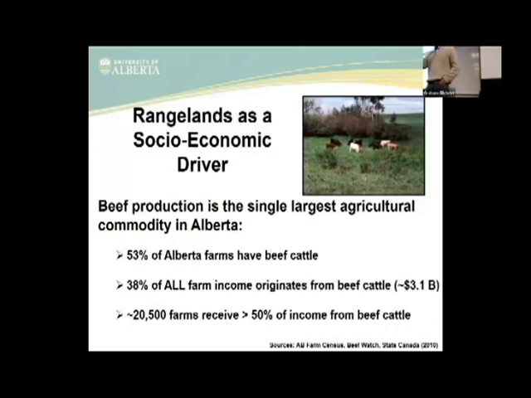Okay, just to again put it into context, beef production is the single largest agricultural commodity in the province of Alberta. More than half of the farms have beef cattle. Roughly 38% of all farm income originates from beef cattle. So it's a very big economic driver. And despite that, I would argue if you compare the relative returns from beef production, at least in comparison to annual crop production, I happen to also live on a mixed farm northeast of Edmonton, and I've seen what those returns have looked like since the 2002 BSE.